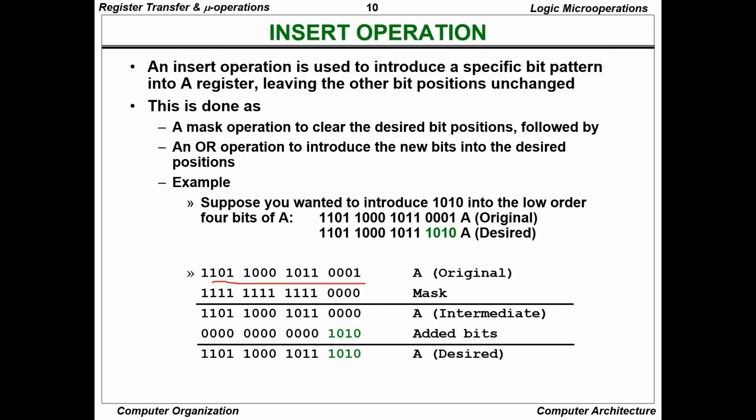So 1111 1111 1111 0000. So A is intermediate here, and these are our added bits, and this is our A desired bits. Okay, so in some textbooks there is nothing for insert operation here. So they will discuss only these 4 operations.